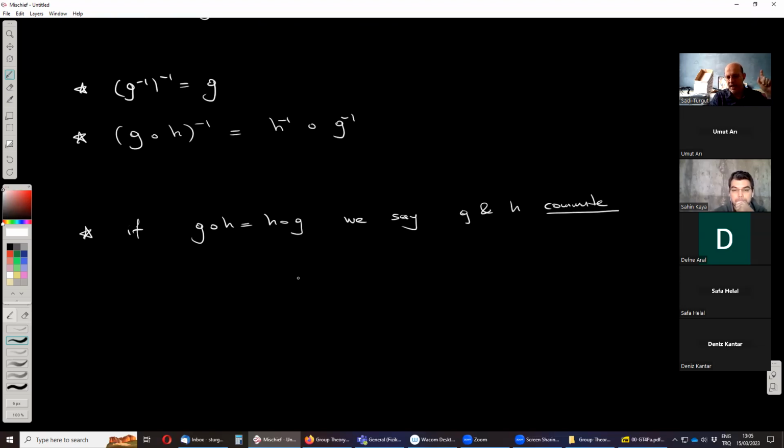In that case, we say that the operators commute or do not commute if you can change their places and you get the same thing, right? It's more or less the same thing. So we can say that two elements commute. We can say that the group is commutative. Right? Let's say group G is commutative or abelian.